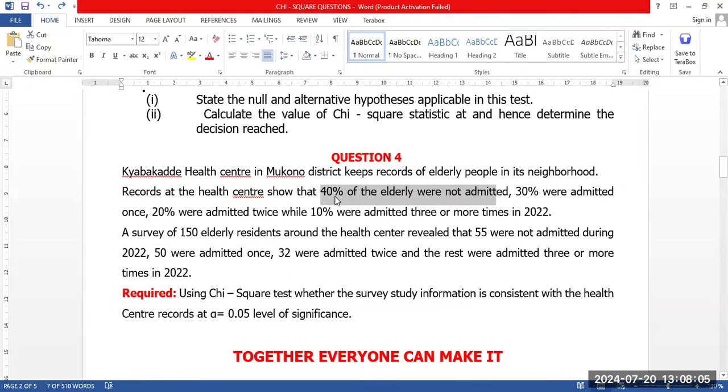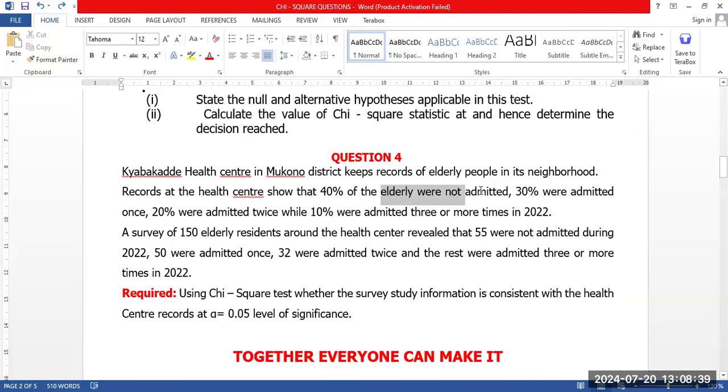Because this is just information, this is just data. So you are going to draft your table, and under that table, what are you going to indicate? You try to analyze very well. This portion, this 40%, is corresponding to what?